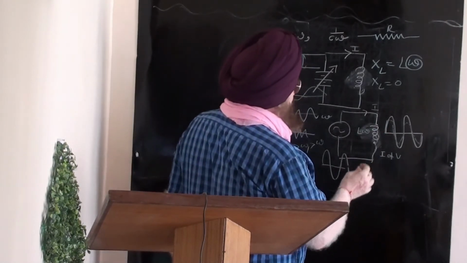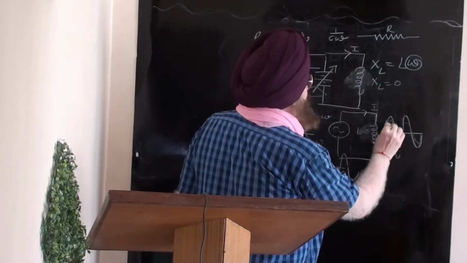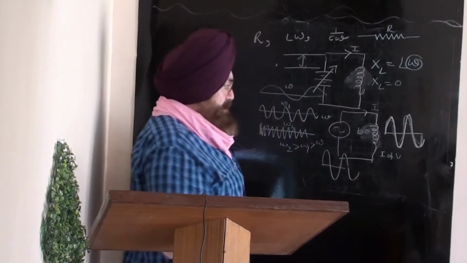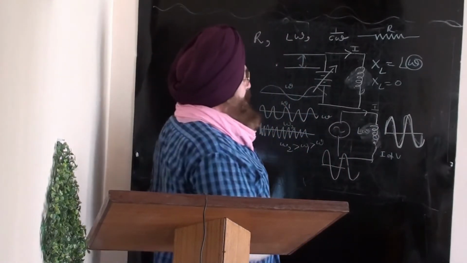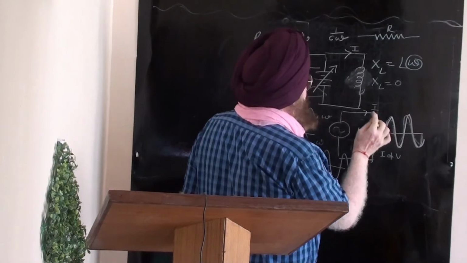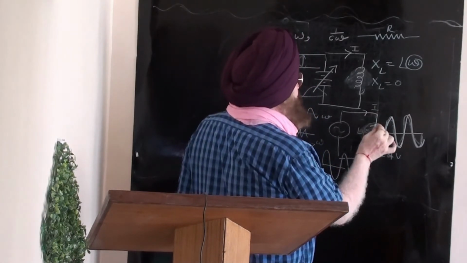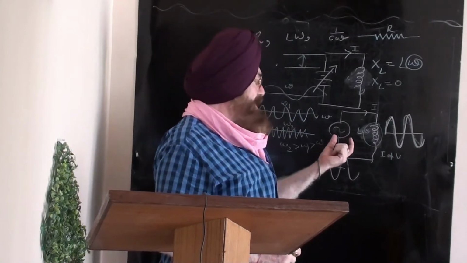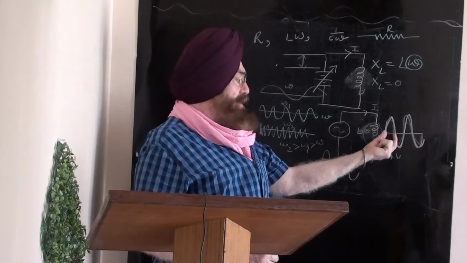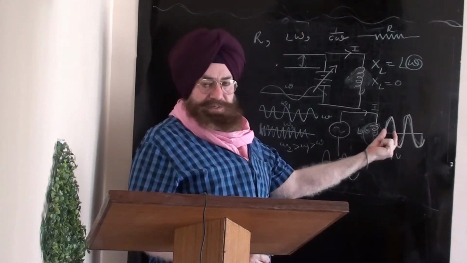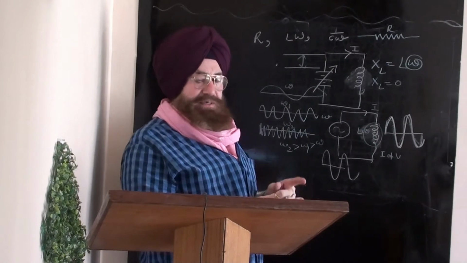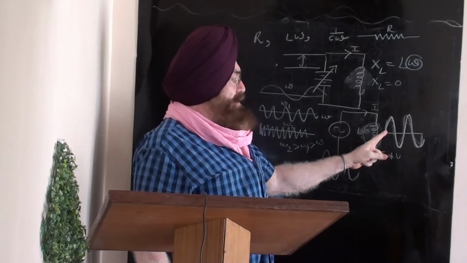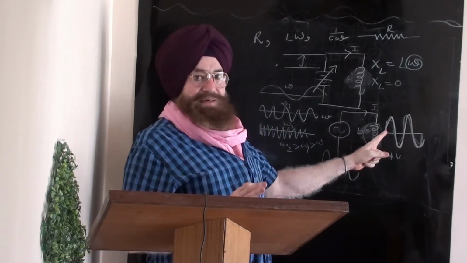Now here one thing is more important. Let the voltage be dancing like this, applied voltage having some frequency. Now the current produced while passing through the coil will not dance exactly according to the voltage. How? When the voltage is minimum, the current will be maximum.